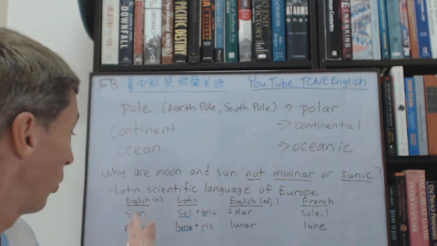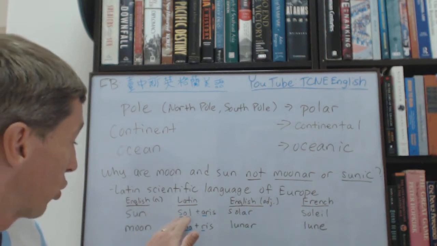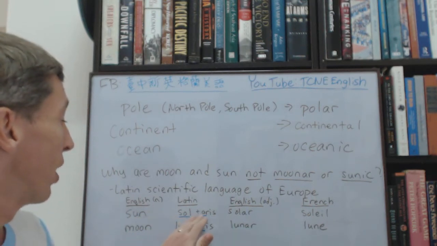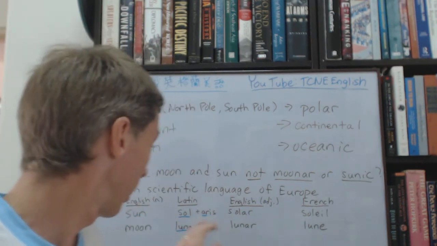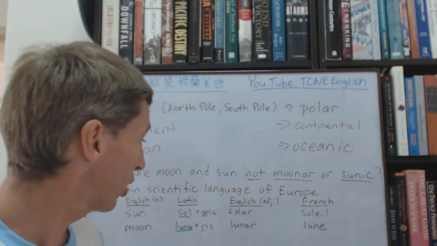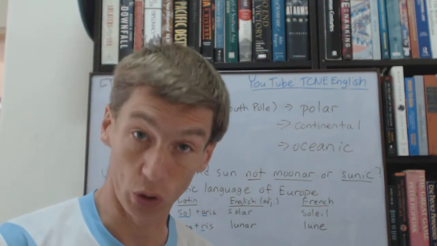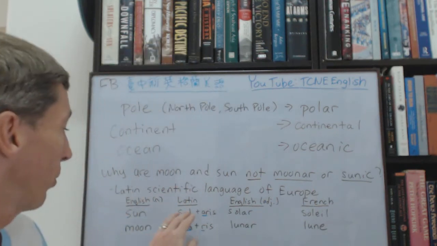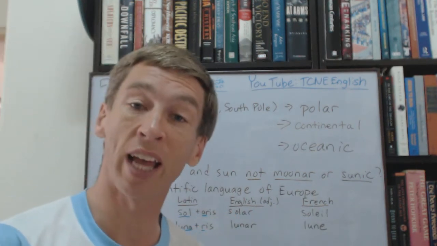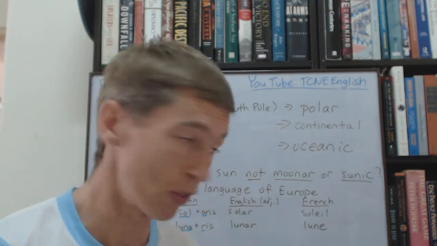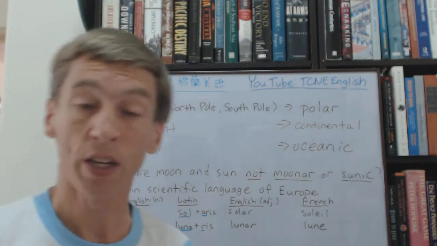So sol, sun, Latin, sol is the word for sun. Then you add the adjective suffix in Latin, aris. So in English, this becomes solar. So you take the sol, and then add the ar, which was the Latin adjective suffix. So you have solar.